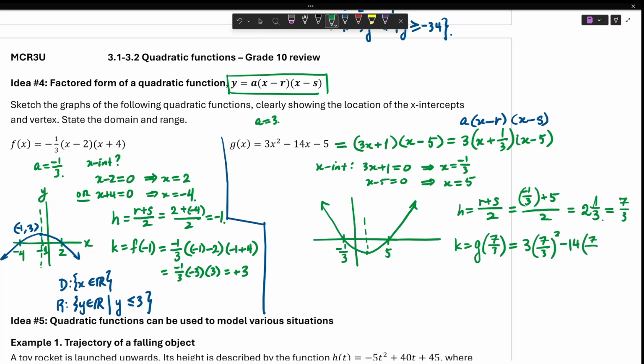You could just use a calculator. So what is that? Okay, using a calculator, I got negative 21 1/3 as a mixed number.